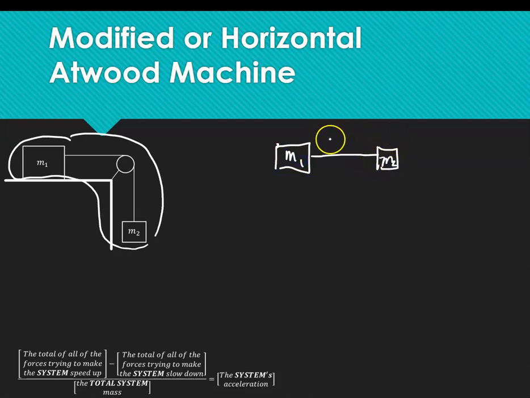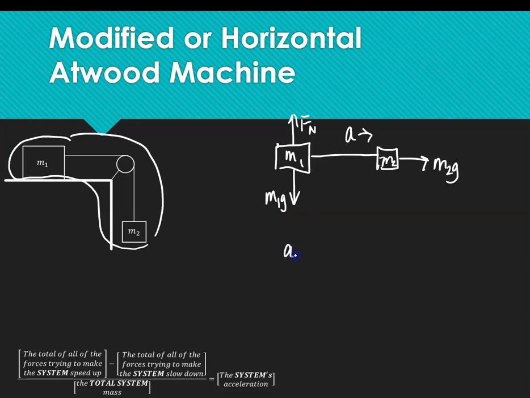But in this case, the only external force is going to be M2G. M1 still has its M1G. That is an external force. The normal force is still an external force, but they are not in the direction of acceleration, so they are not going to be included in my equation.